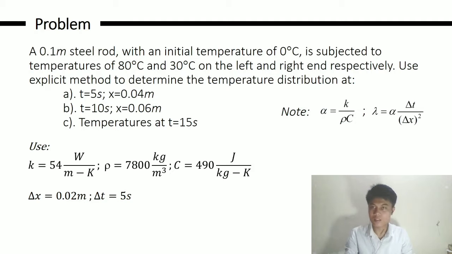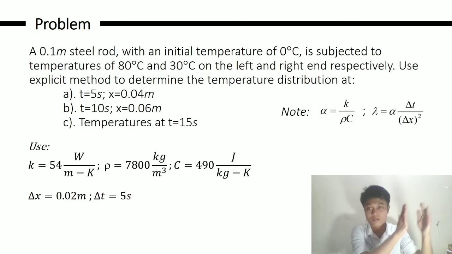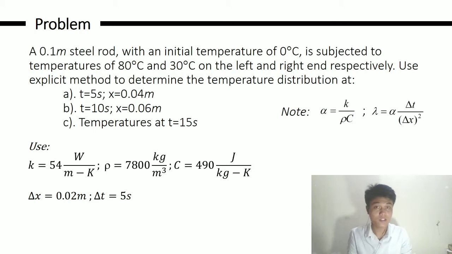And then, yung nasa left niya is 80 degrees, yung nasa right niya is 30 degrees, and we're going to find yung temperature distribution niya at t is equals to 5 seconds, and then 10, and then 15. I-find din natin yung temperature niya at a given point dun sa rod.